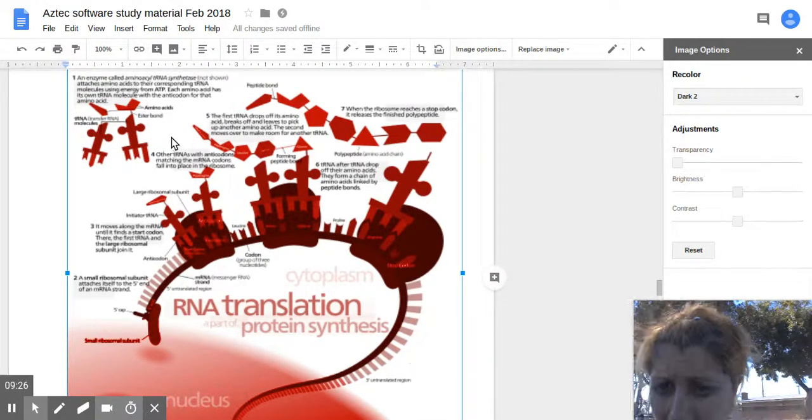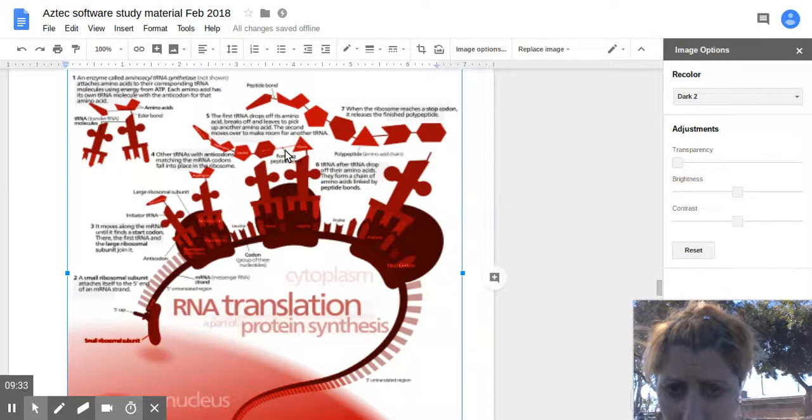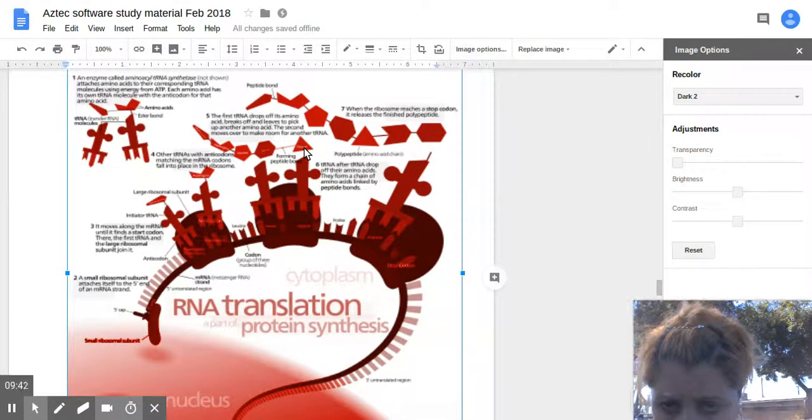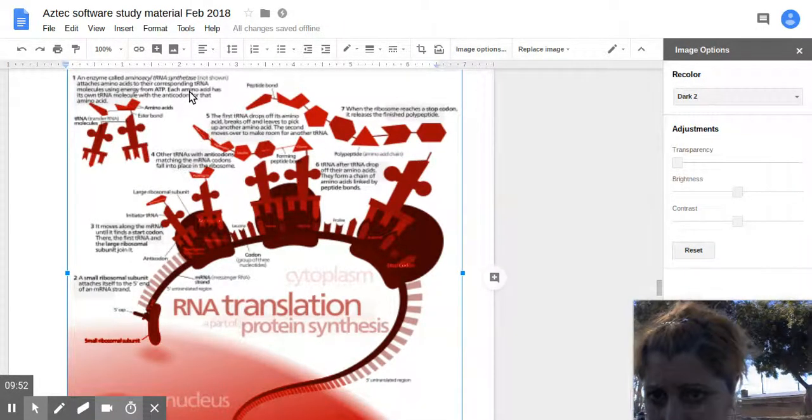Is that what it says? So the tRNAs subsequently form peptide bonds. The amino acids elongate into a chain. The tRNAs drop off as they're dropping off the amino acids, breaking off. And then they pick up other amino acids and bind those. So then this is using energy from ATP.